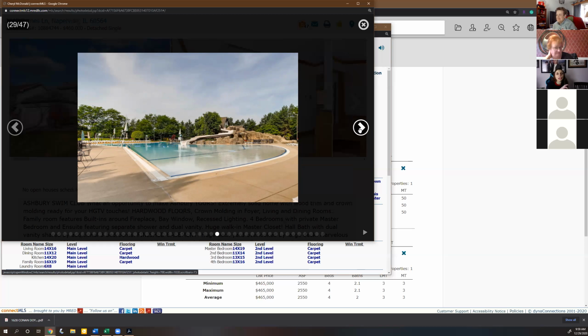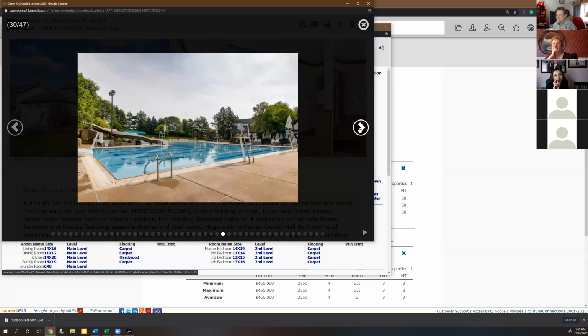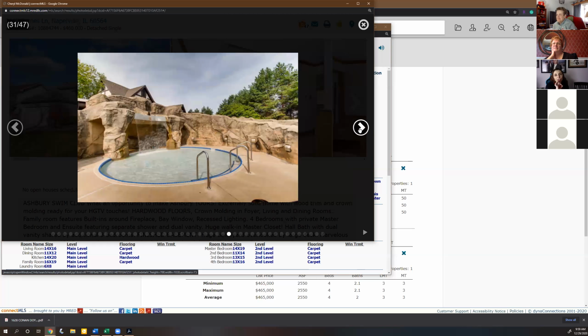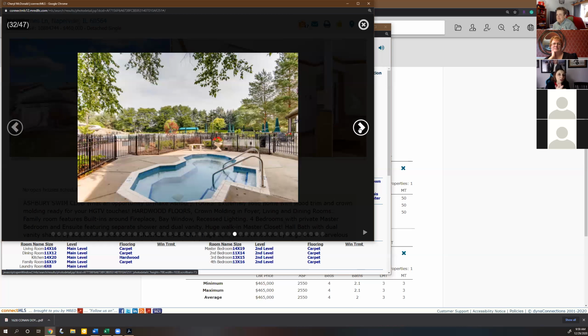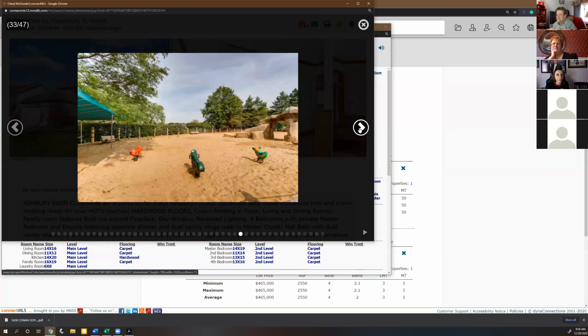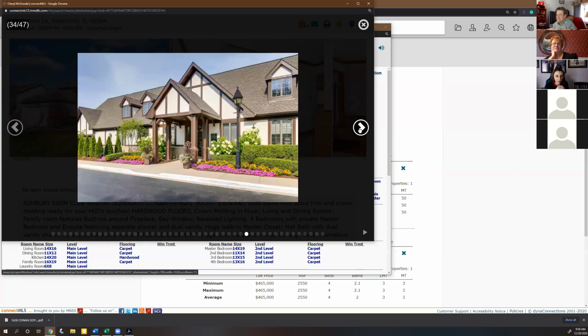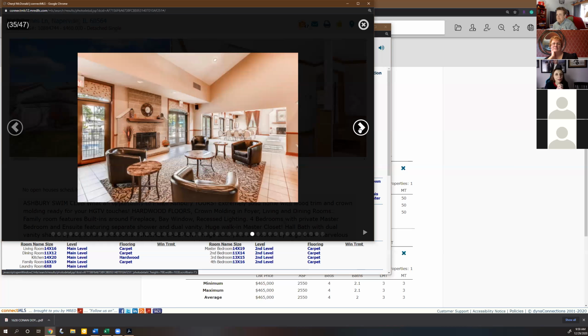I only really know about this because one of my dentists lives in this subdivision and talks about it constantly, about how great the swim club is. And my neighbor down the street wanted to move into this subdivision because of the swim club, which I think is the most bougie thing.